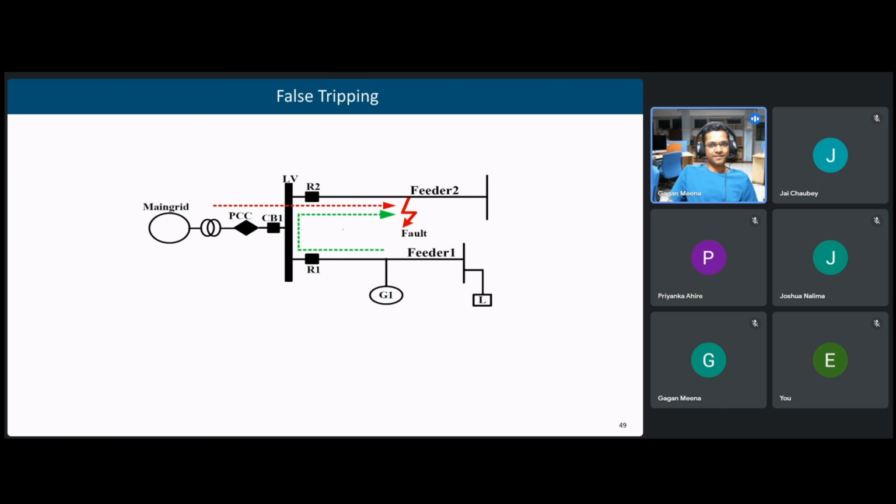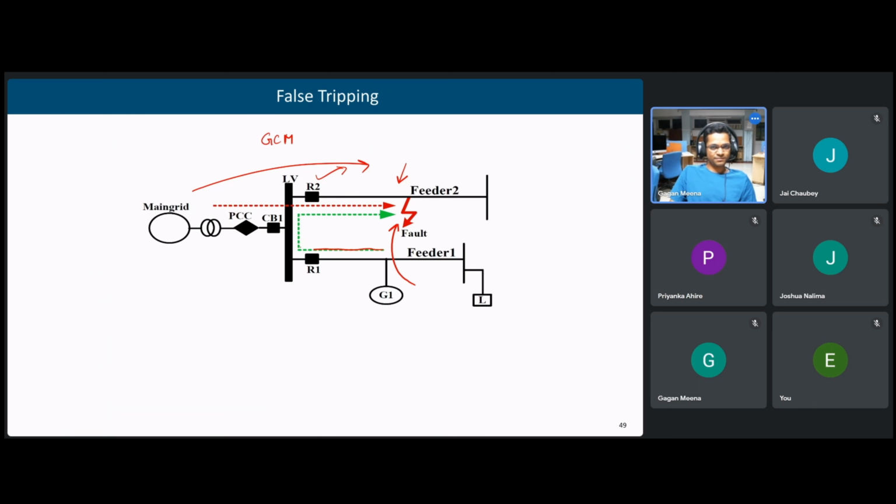Then you were talking about fault stripping. Right. So if we have a fault in feeder 2, then we have two generators here. Since this is grid connected mode, the grid is also there, so the grid can feed the fault current, and also the generator here can feed the fault current. So R2 will detect the fault and trip.